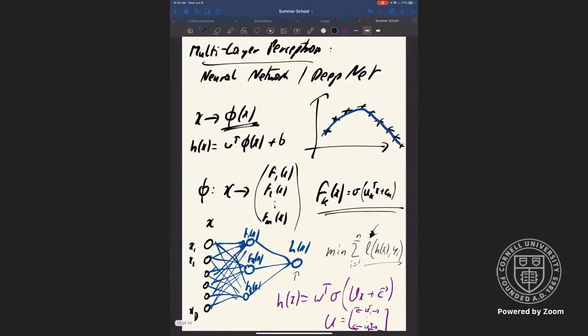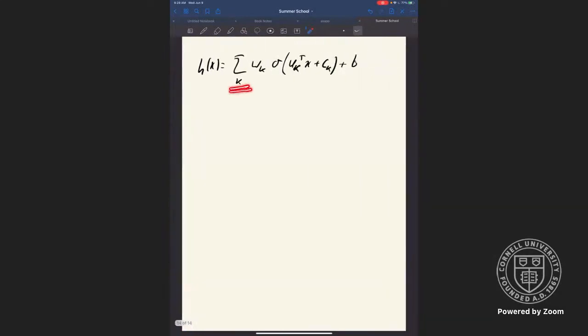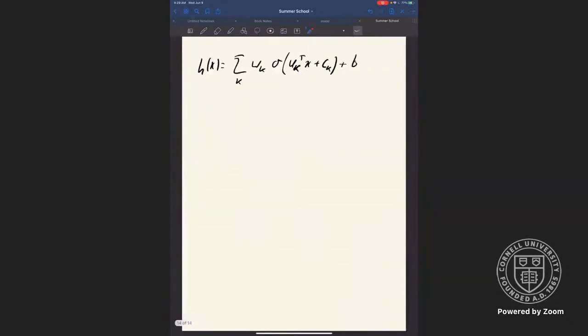What I did is I just plugged this in here. So this w transpose times the representation is just w1 times f1, which is this. Basically I'm summing over all the weights of the outer linear classifier times the representation that I learned by the first hidden unit. And at the end, I just have my offset b.